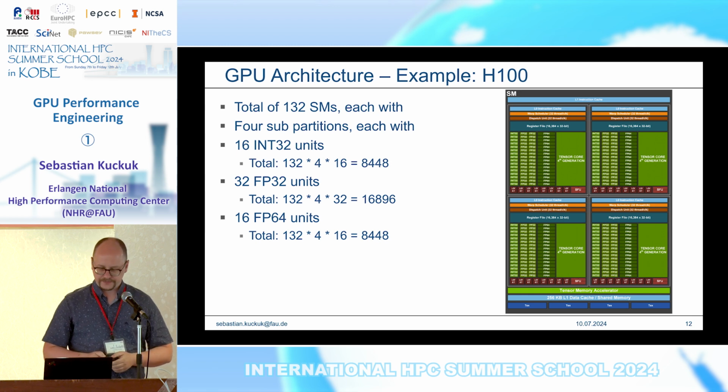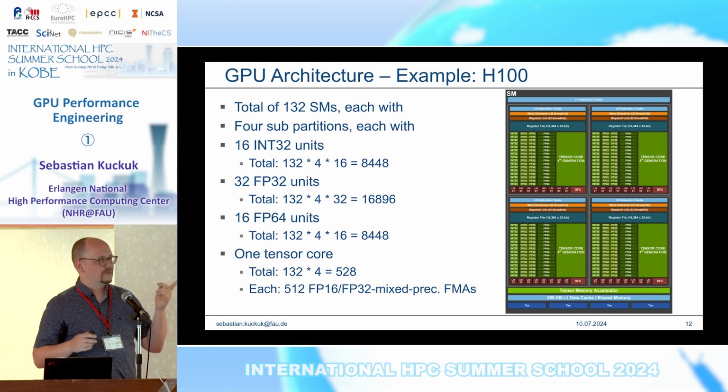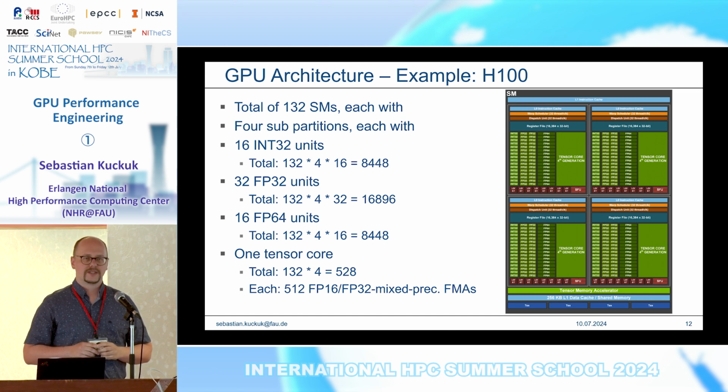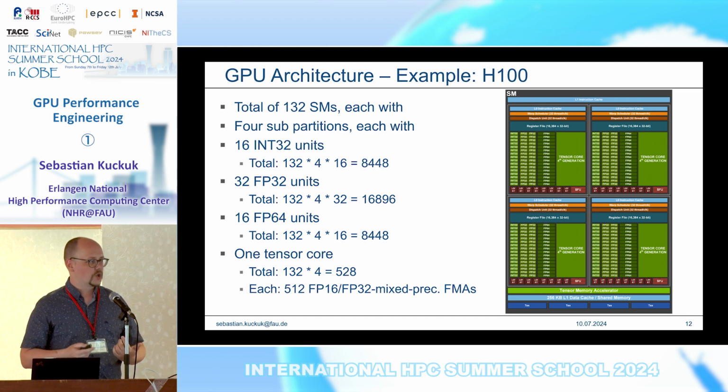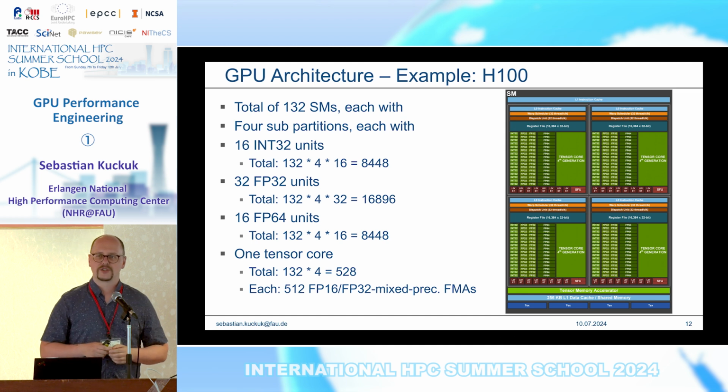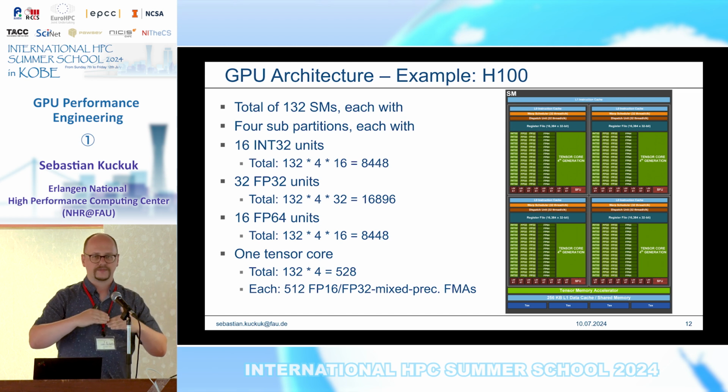Okay, and more recently, tensor cores were also introduced into this architecture. There is only one per subpartition, but this one core can do 512 FMAs at the same time. I'm assuming you're all familiar with FMAs because this has been used as a term throughout the sessions. If not, this is a fused multiply add, meaning it's a multiplication and an addition in one single instruction.